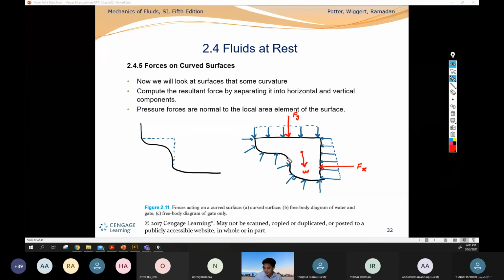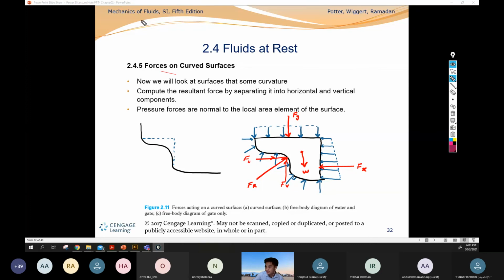This is Fr, and we have to separate it here into Fh and Fv.